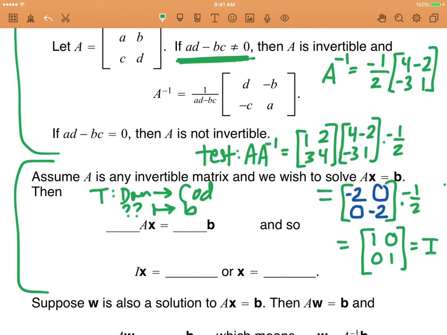And the way to figure that out is to solve the system of equations, AX equals B. So we know the matrix A, we know the vector B, we don't know the vector X. That's what we're trying to find. So instead of solving the system of equations, which is what we're used to doing, which works perfectly well, there's a cute option.